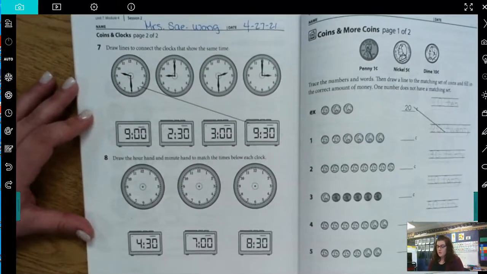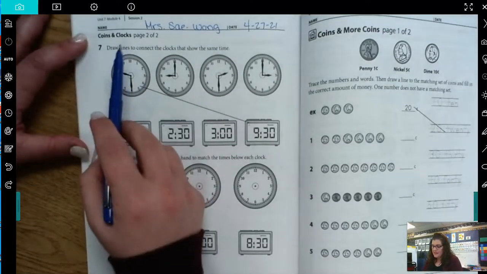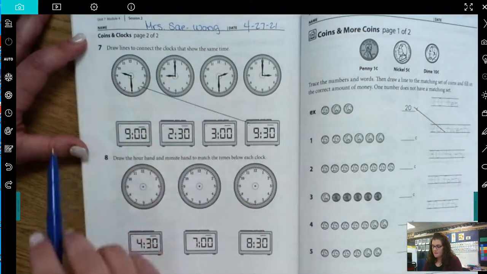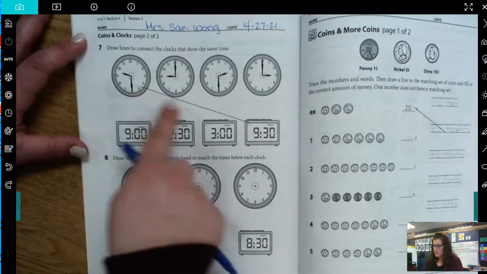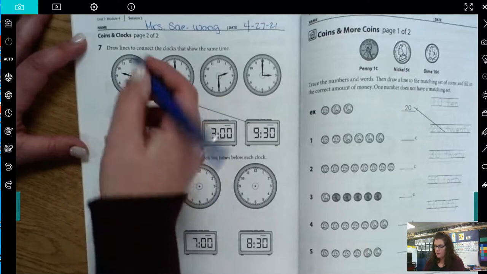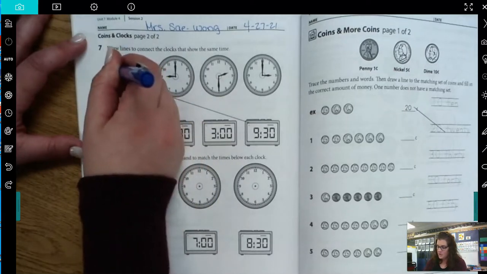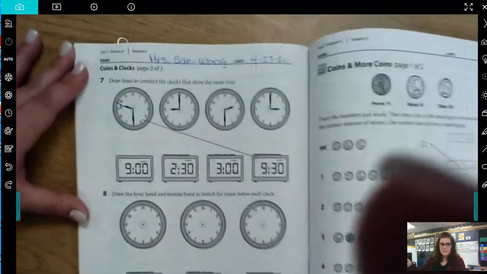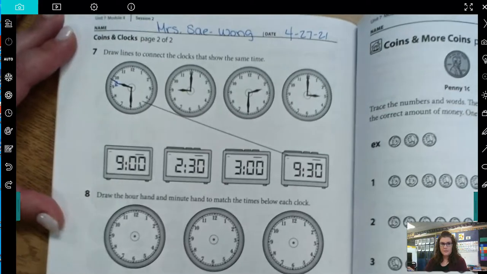Okay, so for section number 7, it's asking us to draw lines to connect the clocks that show the same time. So the first one is done for you. The hour hand is between 9 and 10. And remember, when an hour hand is in between 2 numbers, it always goes to the lower number. So in this case, let me zoom in so I know you can see.